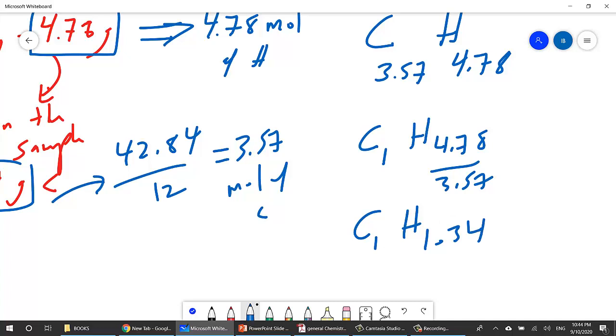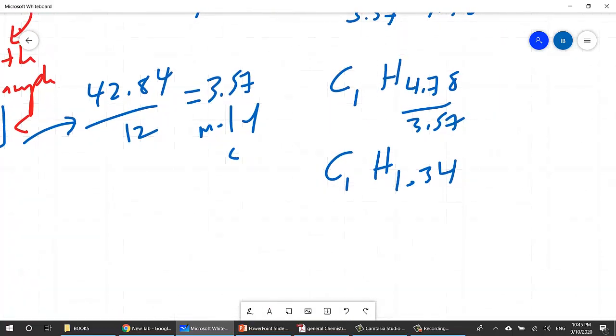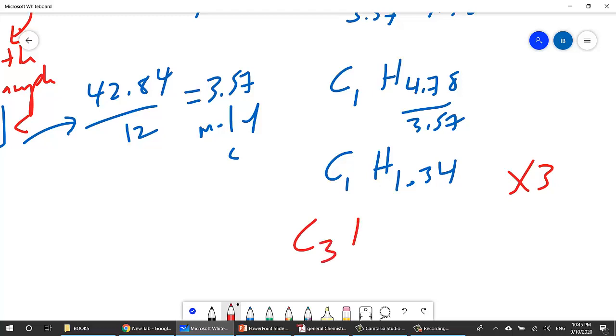And now we have an empirical formula, but it's a finicky one. The only way to do this is to multiply by something, as we did in one of the questions. If you multiply by 2, that's not going to work, because that will give you C2H maybe 2.6. If you multiply by 3, that will give you C3H 1.34 times 3, which is around 4. So this is the empirical formula for this compound.